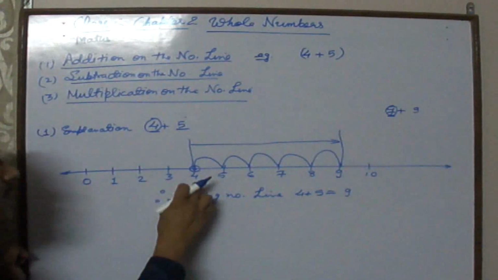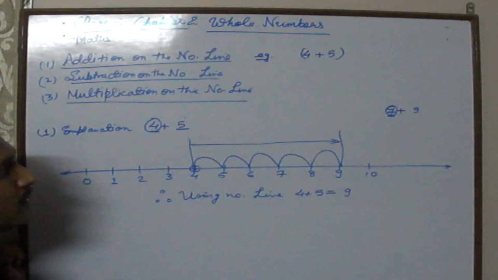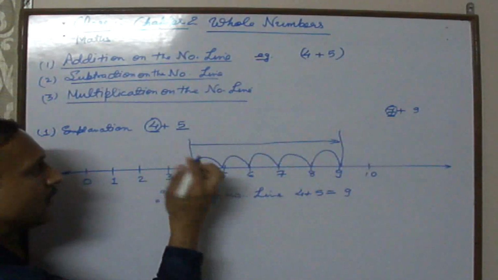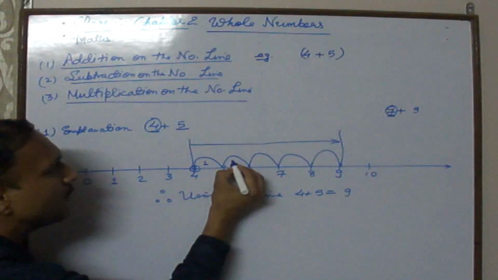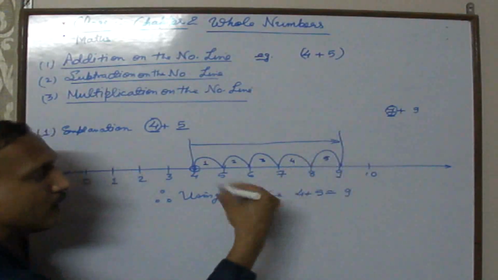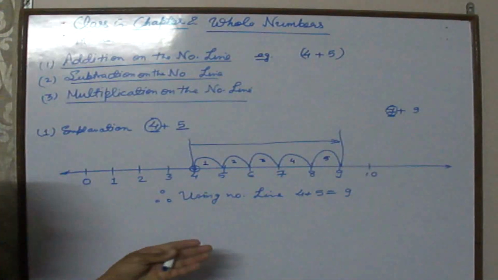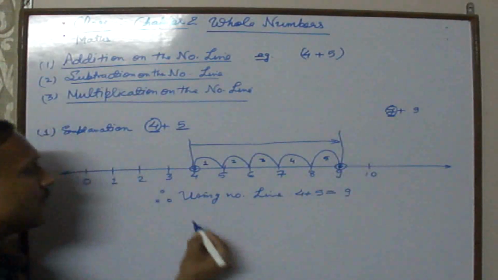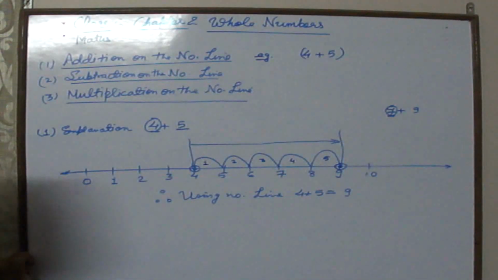So 4, and then keep on counting till we move 5 places: 1, 2, 3, 4, 5. So we have to move 5 numbers to the right, and finally we have reached 9. So 4 plus 5 equals 9.